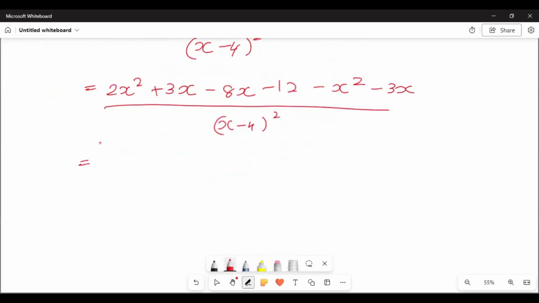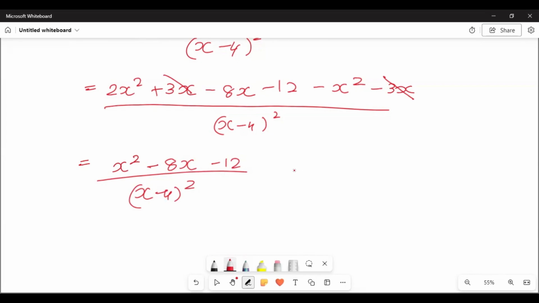So the answer is going to be x to the power of 2. The 3x is going to cancel with negative 3x. And it's going to be negative 8x, negative 12, and x minus 4 times 2.